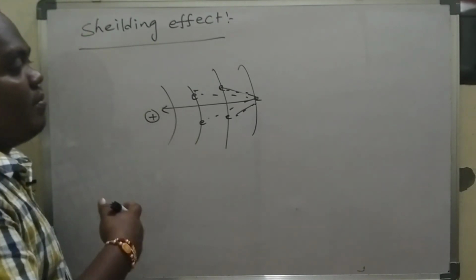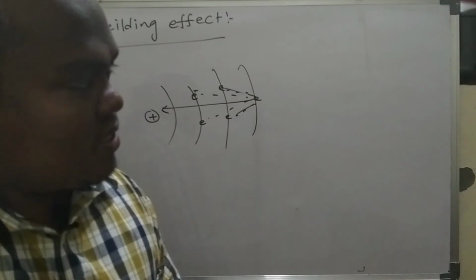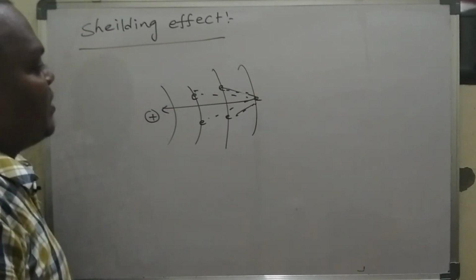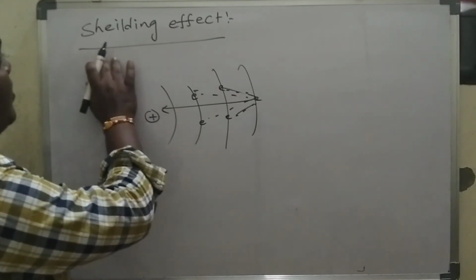Meanwhile, there is a decrease in the nuclear charge. That is called the effective nuclear charge, or shielding effect.